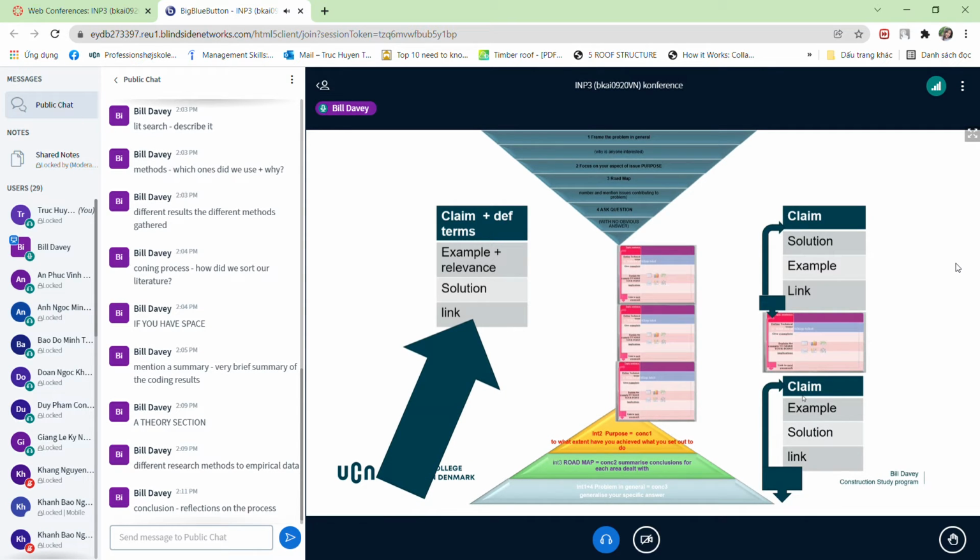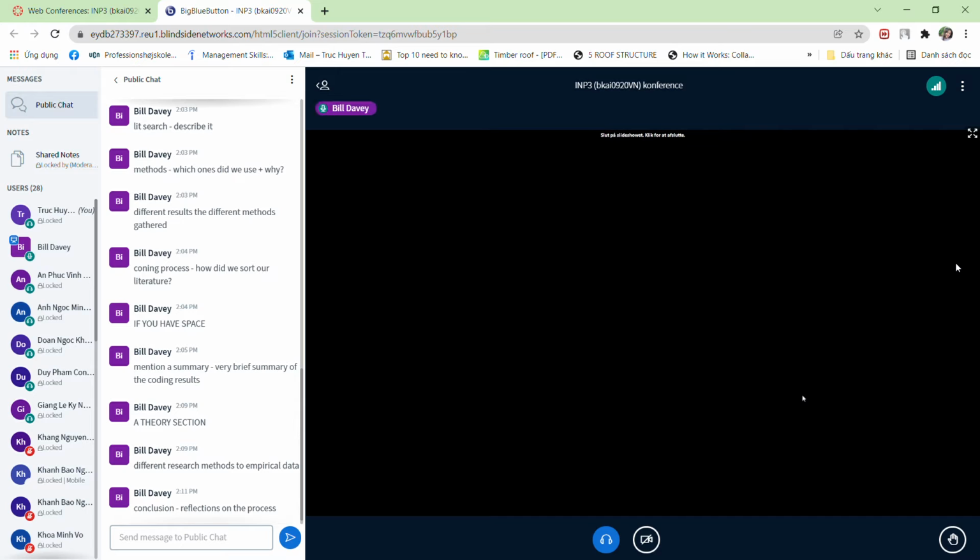So you might use the last one on the left-hand side of the screen when you're thinking in terms of problem solving. So that is all I have to say about that for the moment.